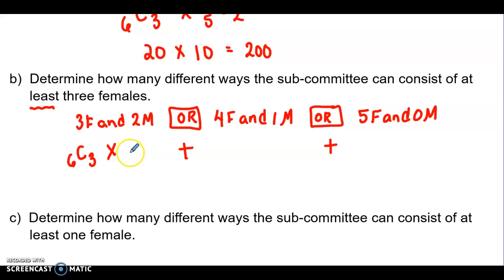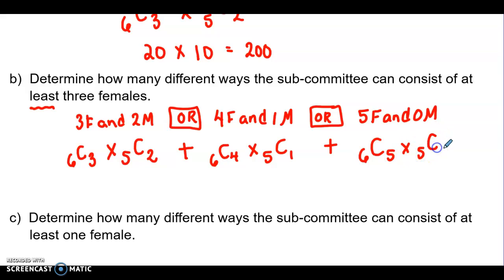And of the 5 males, we want to choose 2. 6 choose 4 times 5 choose 1, or we can choose 5 females from the 6 and 0 males. Just plugging things into our calculator.